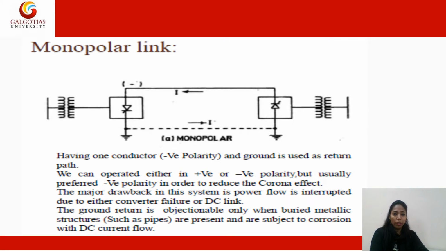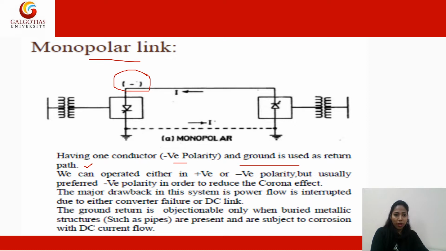So, monopolar link. Here you can see we have one conductor with negative polarity, and the ground is used as a return path. This one conductor is used as negative polarity, and the return path is provided through the ground, which is considered as a return conductor.